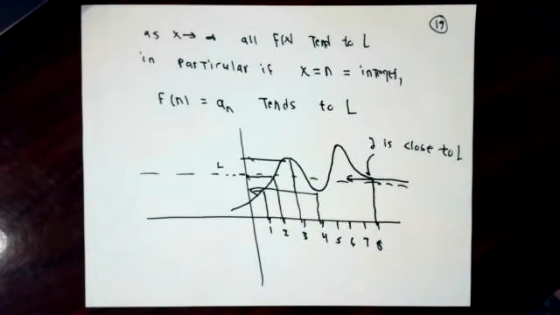But these are function values for the f of x function, and all of those start looking like L after a while. So the reason that this statement is true is that the whole number function values are just special cases of general function values, and the general function values are all tending to L.